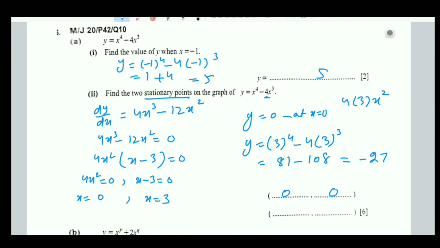So the first coordinates are 0, 0, and the second coordinates are 3 and minus 27.